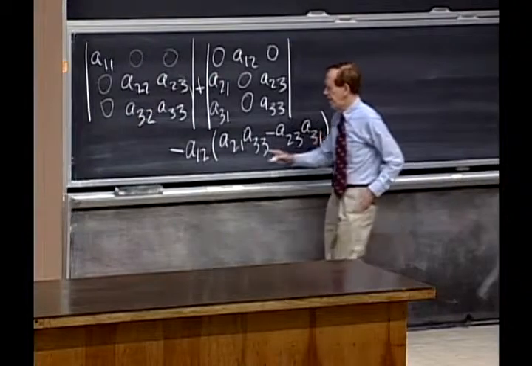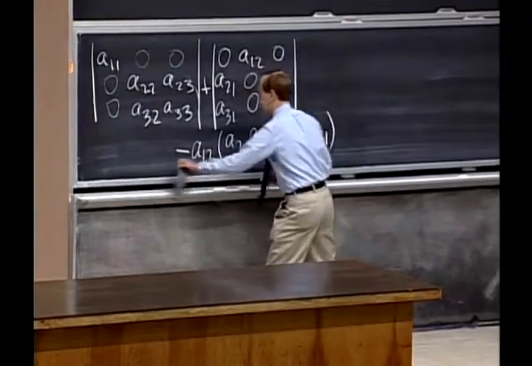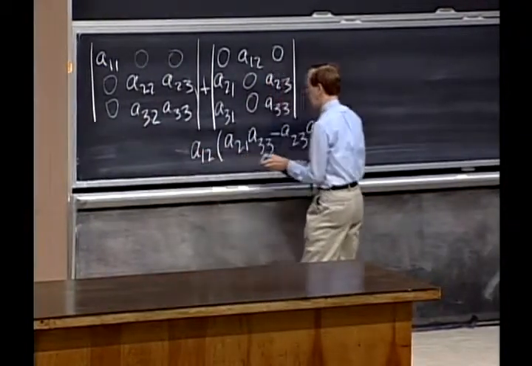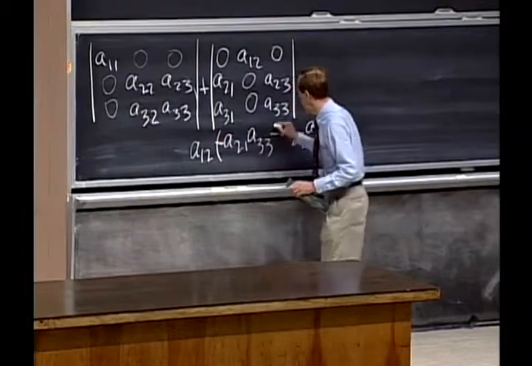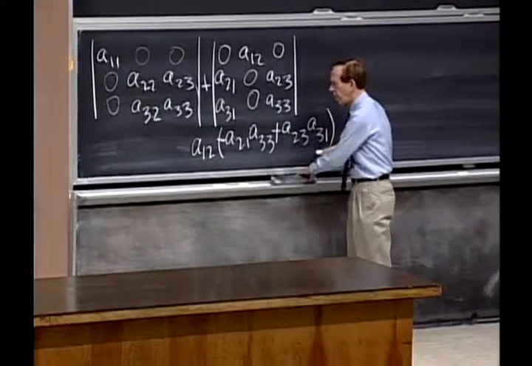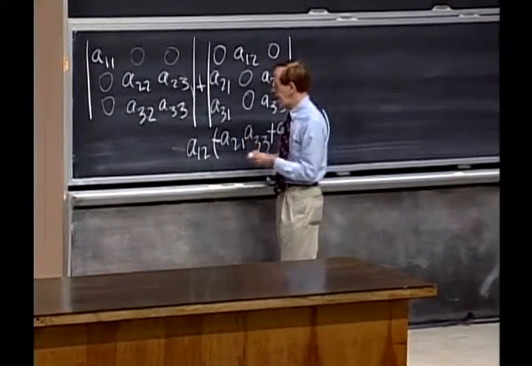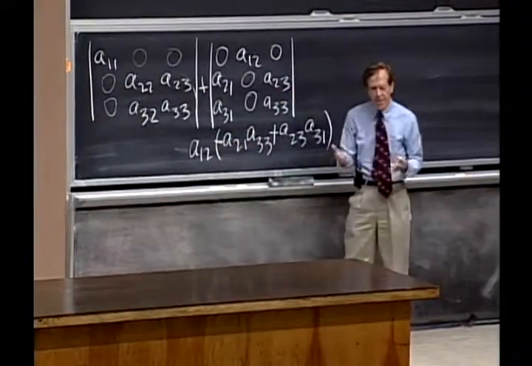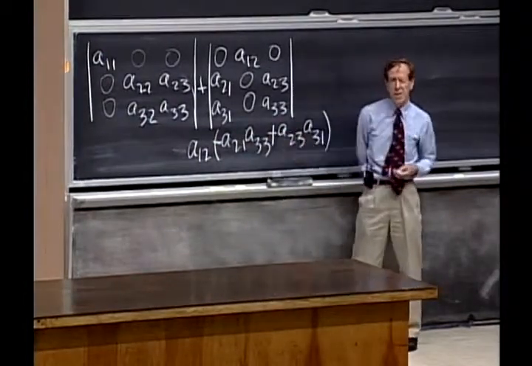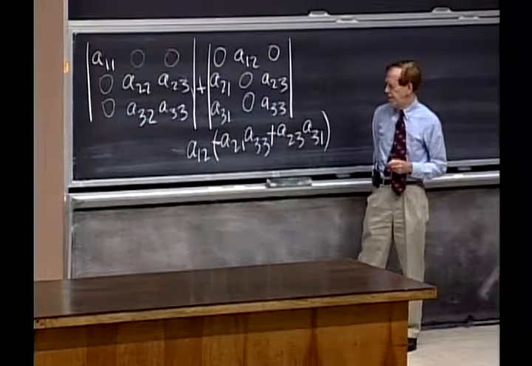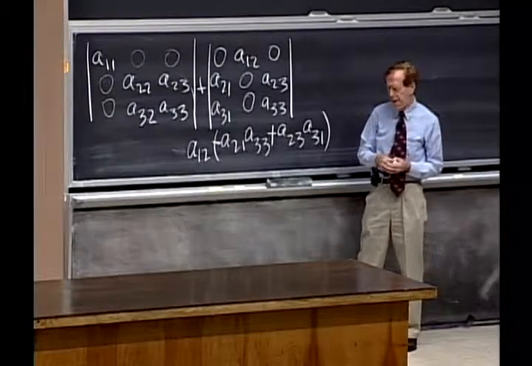So I'm going to build that minus sign into the cofactor, because the cofactor is strictly the thing that multiplies the factor. The factor is A12. The cofactor is the stuff in parentheses, so it's got the minus sign built in.